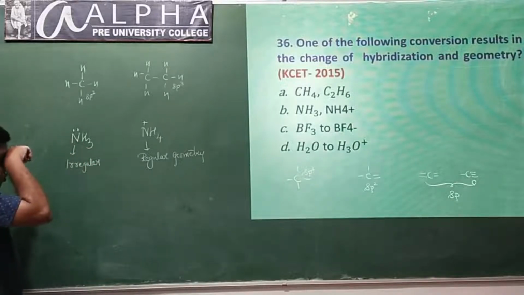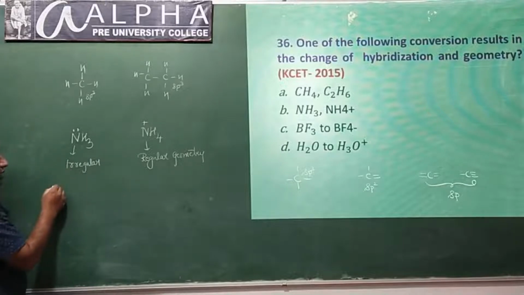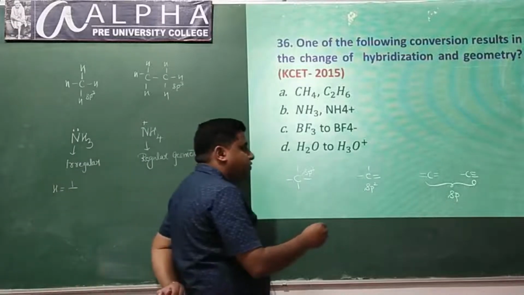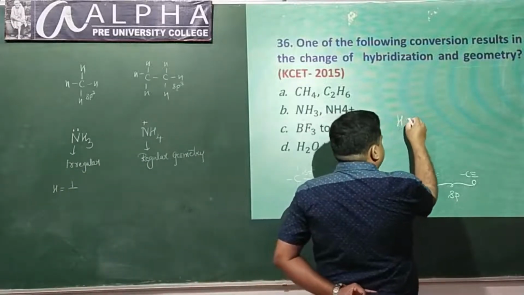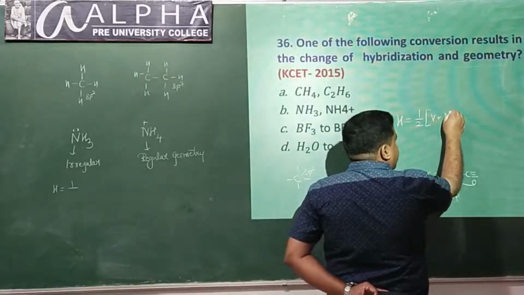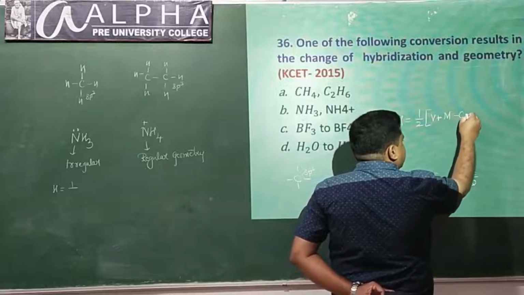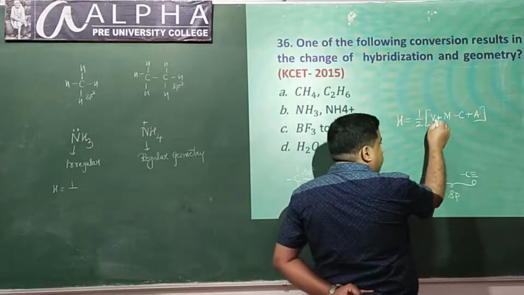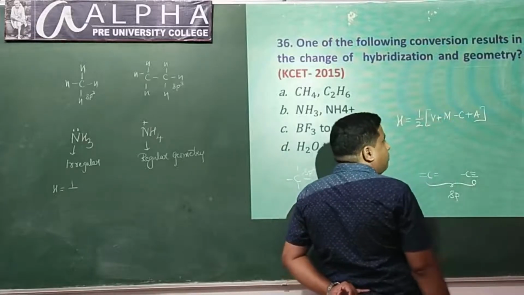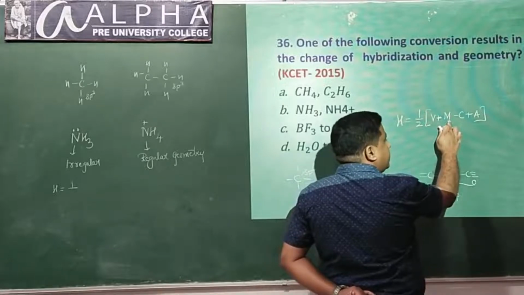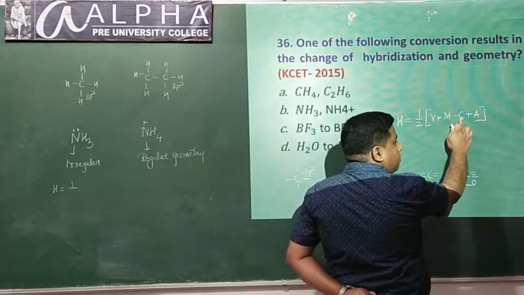Now students, let us calculate the hybridization. What is the formula for hybridization? Hybridization is equal to half of V plus M minus C plus A. V means the total number of valence electrons around the central atom. M means the number of monovalent atoms. C means total positive charge.